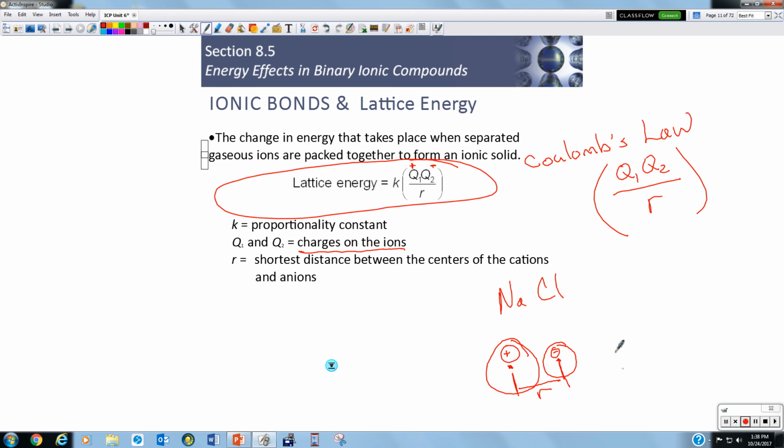So we're looking at this, and what I want you to know is, with Q times Q over R, the smaller the radius, the larger the lattice energy.